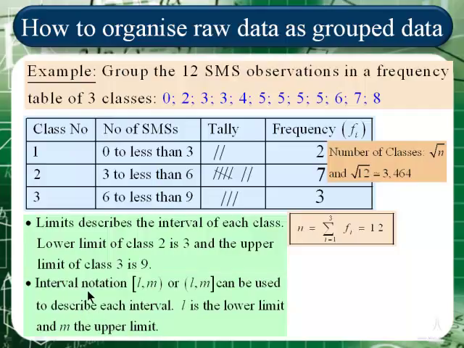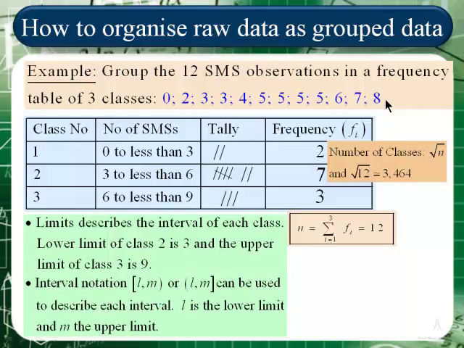Another useful notation is to use the square and round bracket notation. In this particular case we include the first numbers, 0, 3 and 6, so we include the lower limits, but we exclude the upper limits, so we will make use of this first type of notation. But sometimes you will have a situation where, for instance, a class may end on 9.